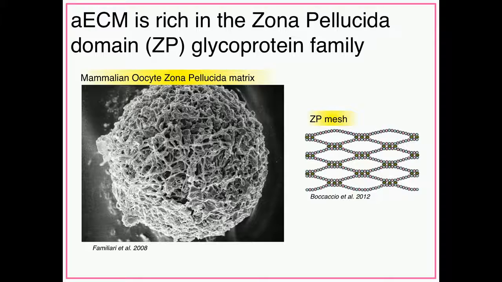So one thing that we do know in apical ECMs are zona pellucida domain proteins, or ZP proteins. These proteins were originally identified in the oocyte's extracellular coat, which is also called the zona pellucida. In this electron micrograph of the zona pellucida, you can see it's really big and thick, and ZP proteins are the main components of this extracellular matrix, where they assemble to form higher-order structures such as polymers or meshes, as diagrammed here.